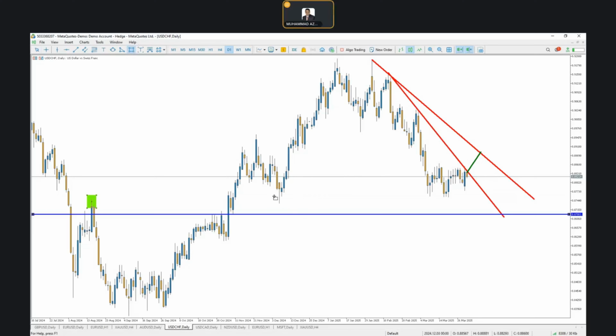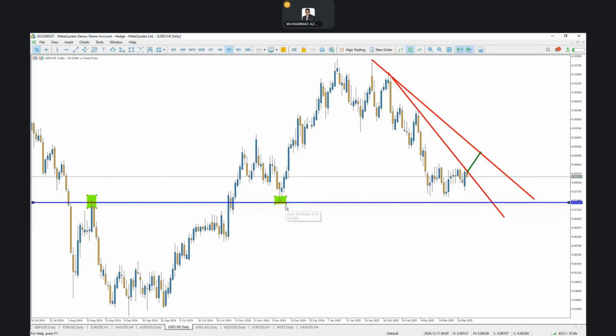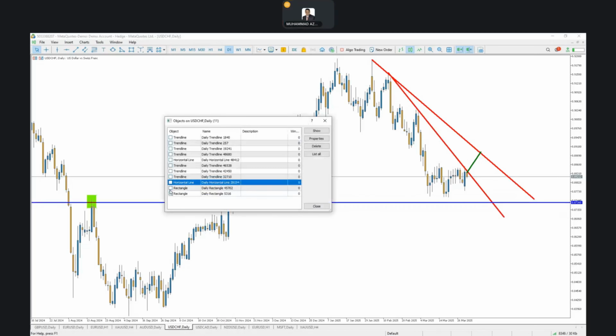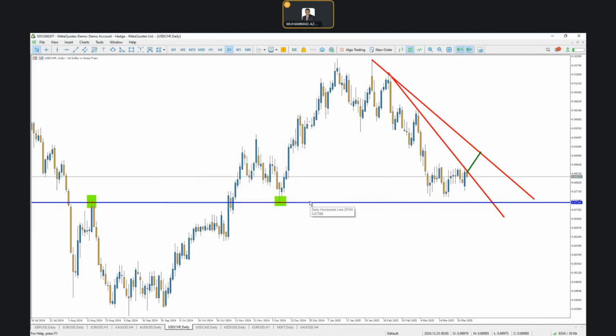So it's quite possible that USD Swiss franc might try to drop and test the support level at 0.8738.